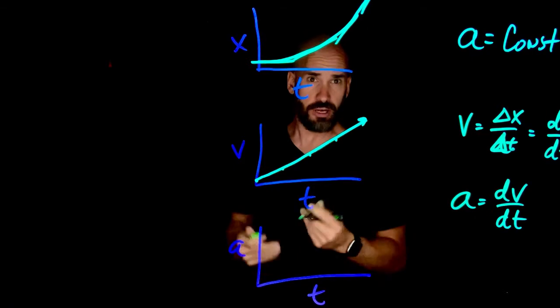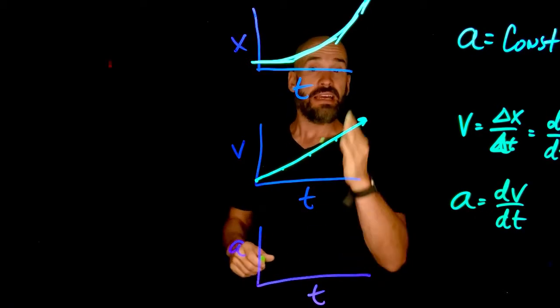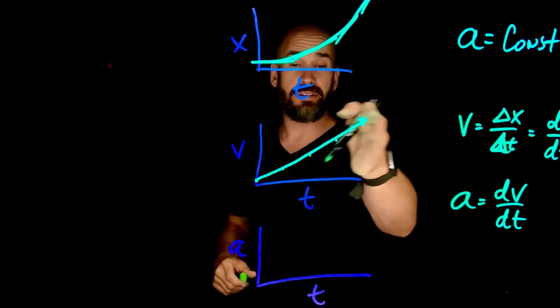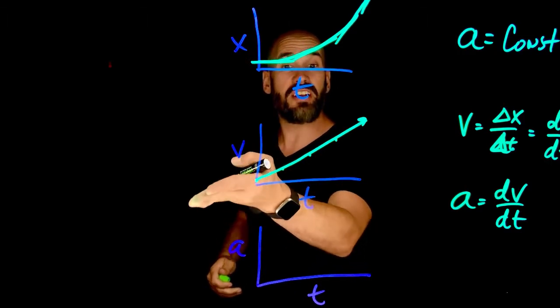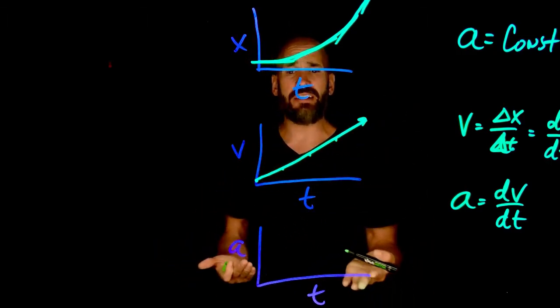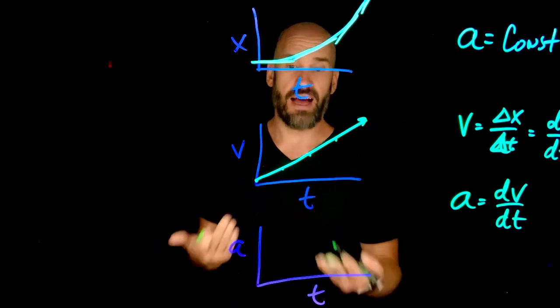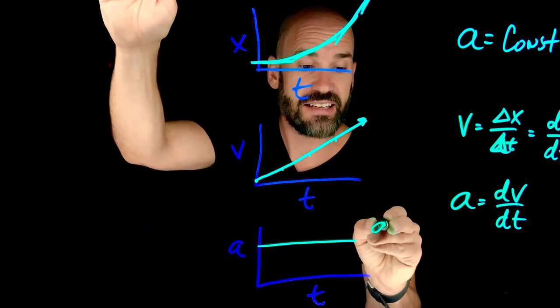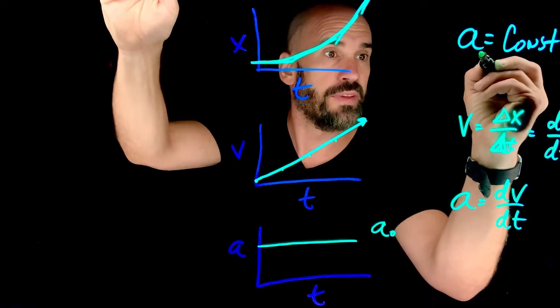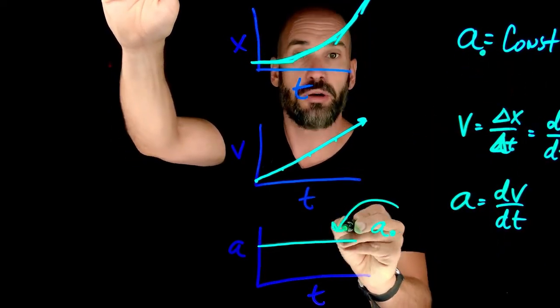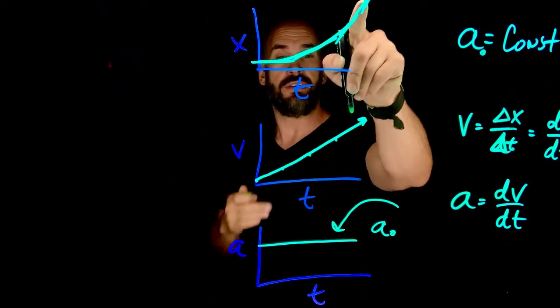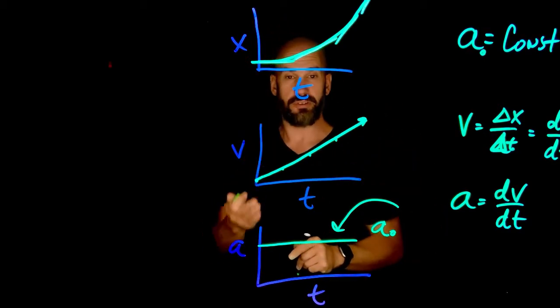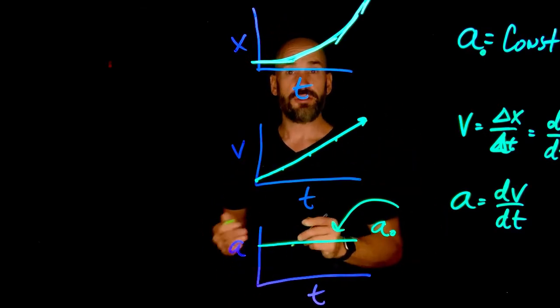You guys maybe remember this from calculus also. Acceleration is just the slope of the velocity versus time, but since velocity versus time is just a nice line, what is the slope of a line always? It is a constant. So you just get back that constant acceleration, we'll call it a naught, that we started with that gave us this concave up position versus time graph. Super, super simple.